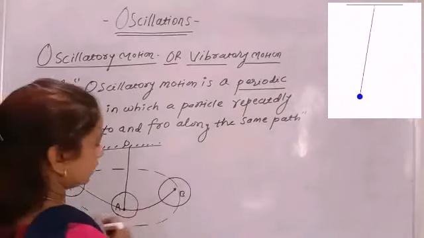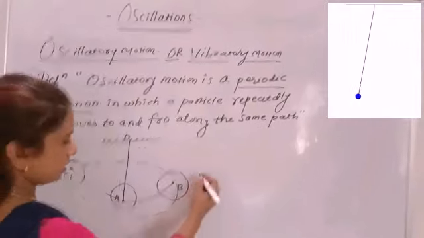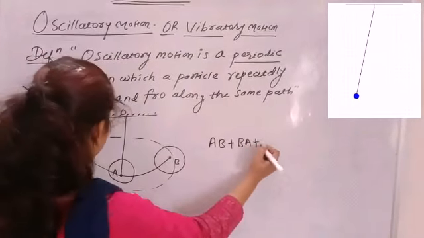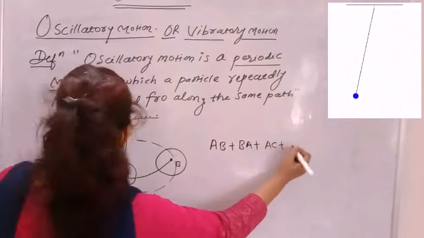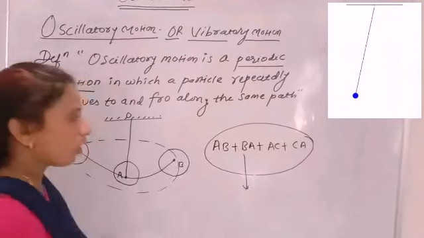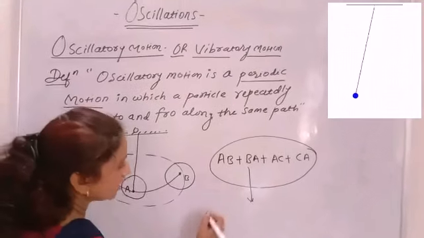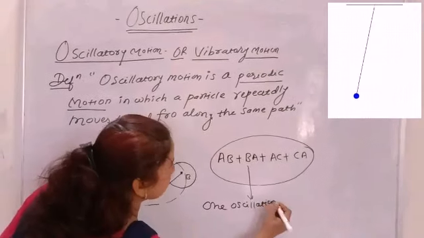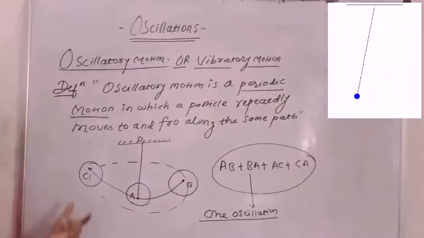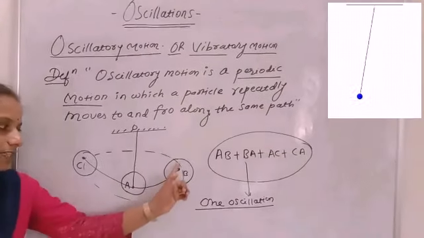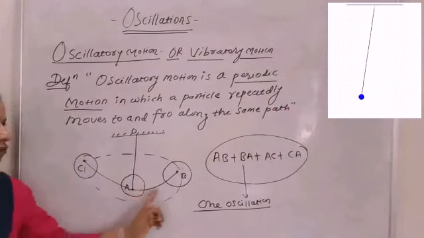The path covered in one oscillation is AB plus BA plus AC plus CA. So here the bob of a simple pendulum completes one oscillation. Such an oscillation takes place again and again. So, this is a periodic motion also.